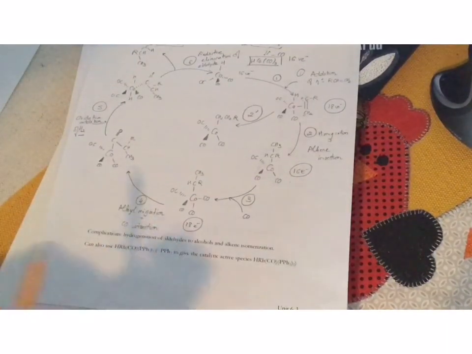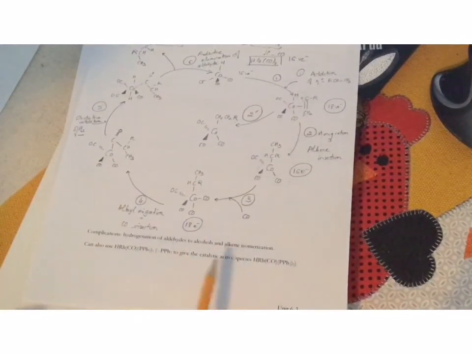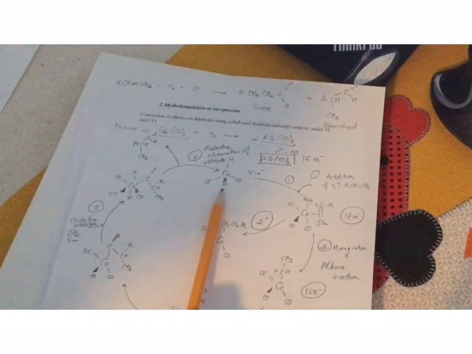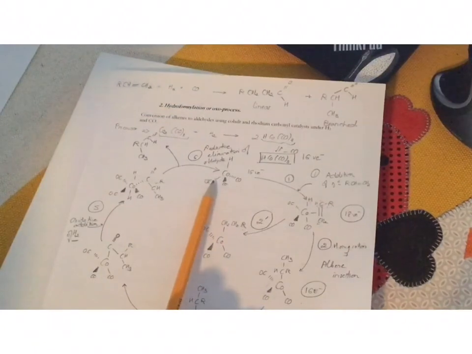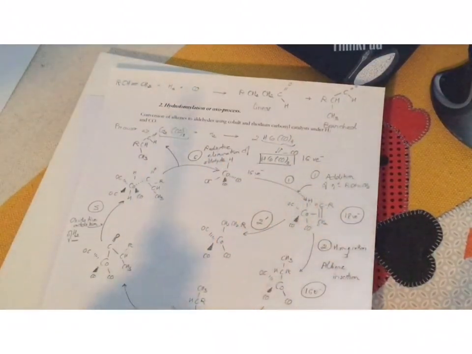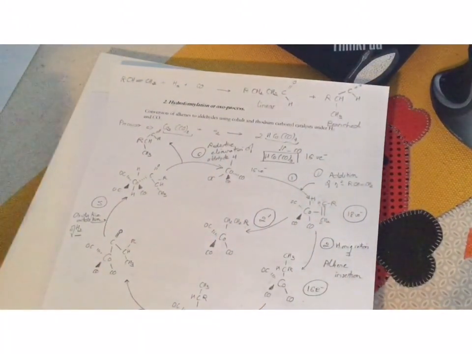So in this example, you would have to remove a triphenylphosphine ligand to be able to give a catalytic active species that only has 16 electrons, so that you can go back up here and have that rhodium complex, then add your alkenes and go through the different steps in the cycle.